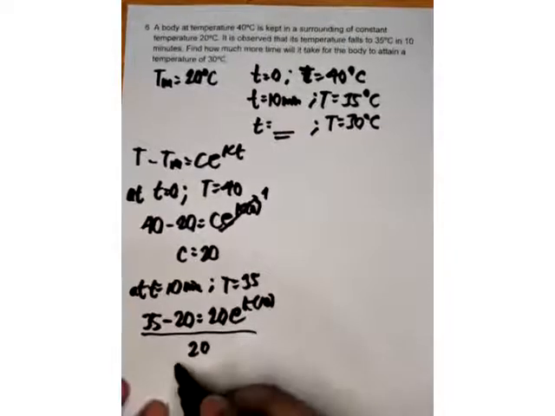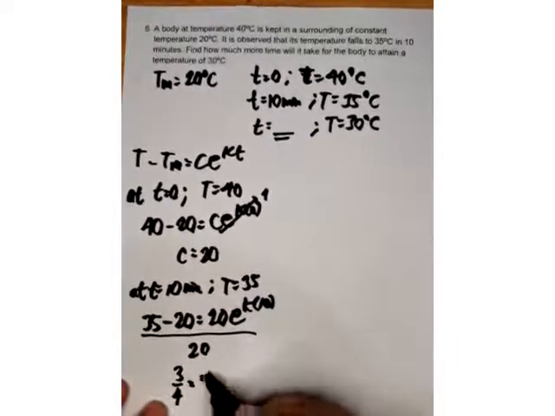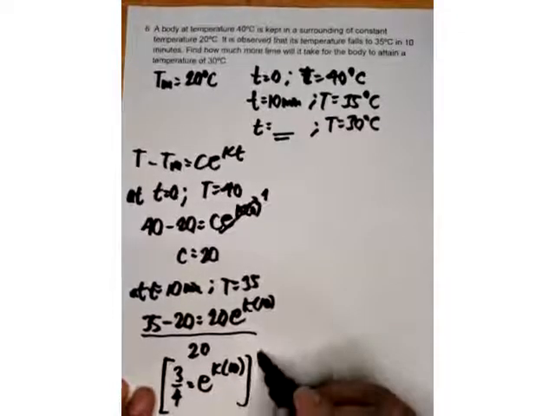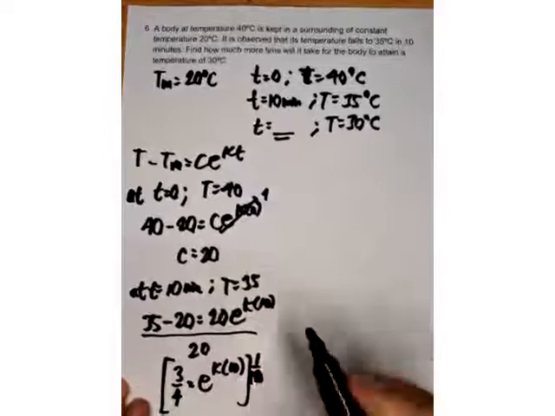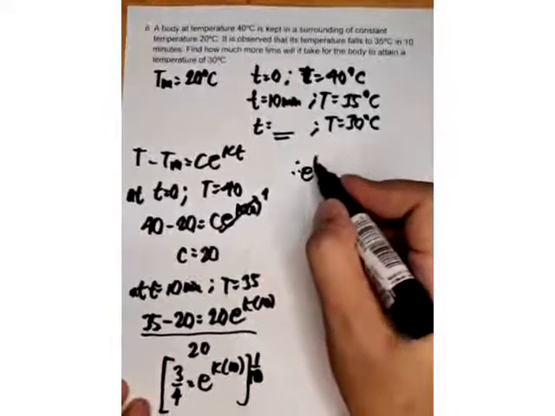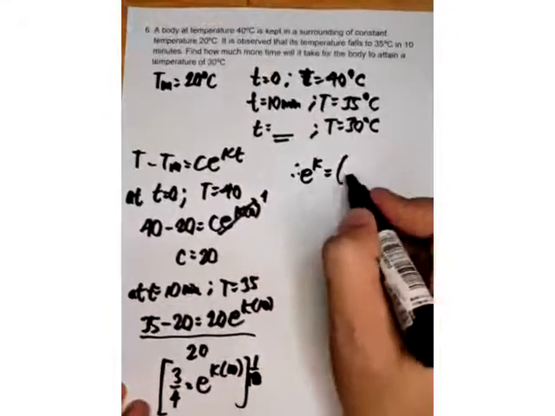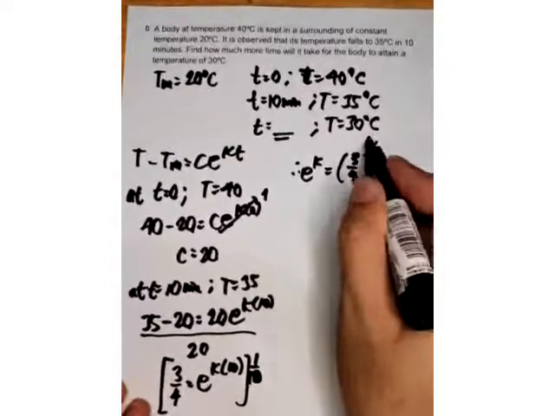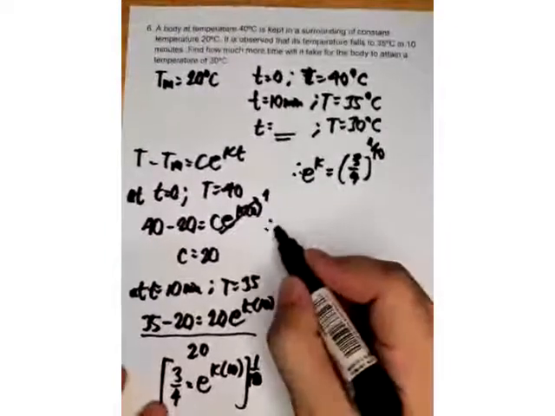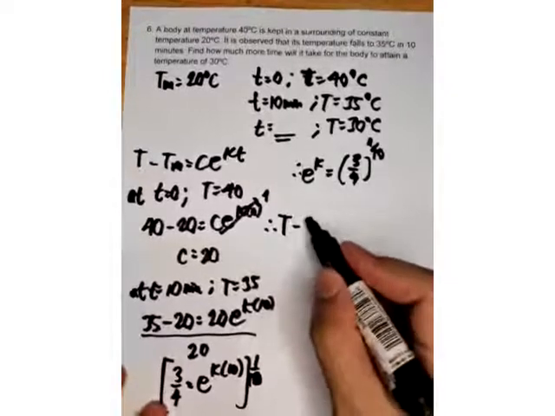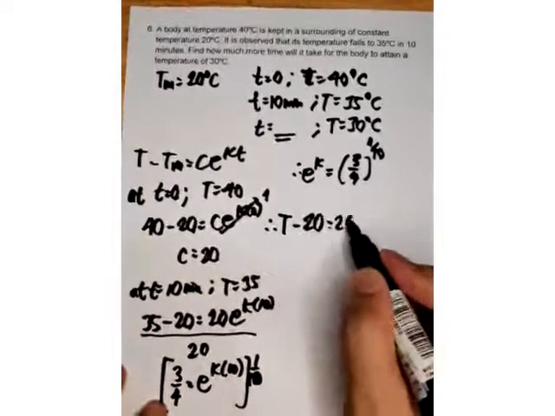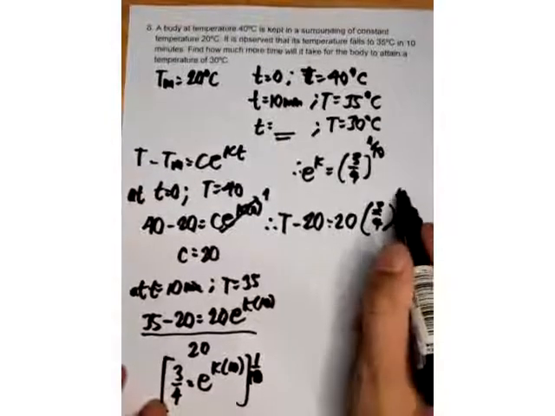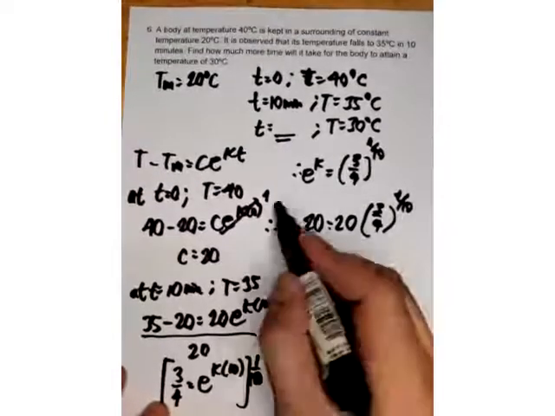So 3/4 is equal to e raised to k times 10. So raise natin yung buo to 1 over 10. Therefore, e raised to k is equal to 3/4 raised to 1/10. That means our formula is T minus 20 is equal to 20 times 3/4 raised to t over 10.